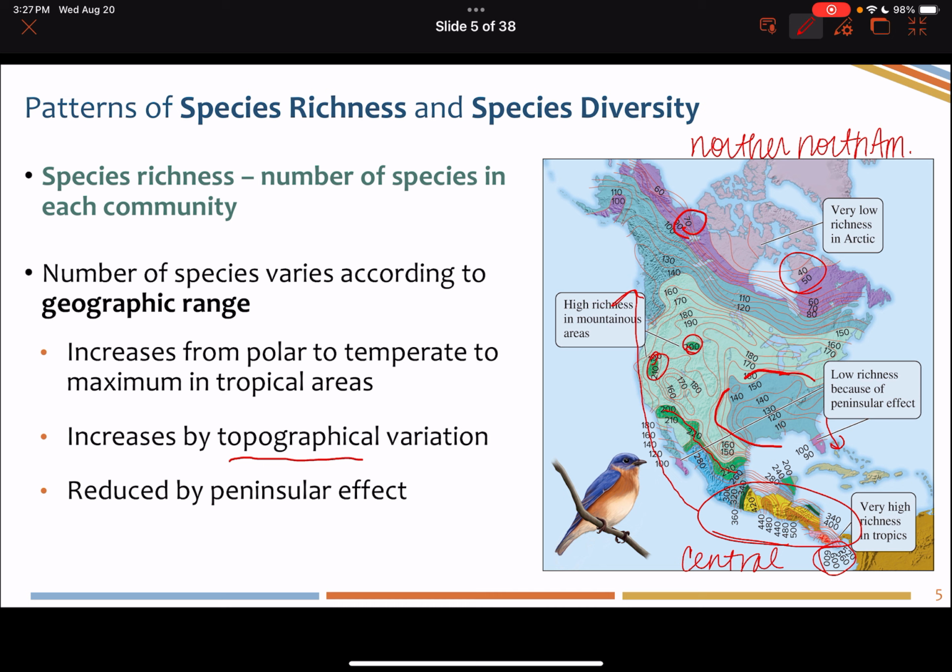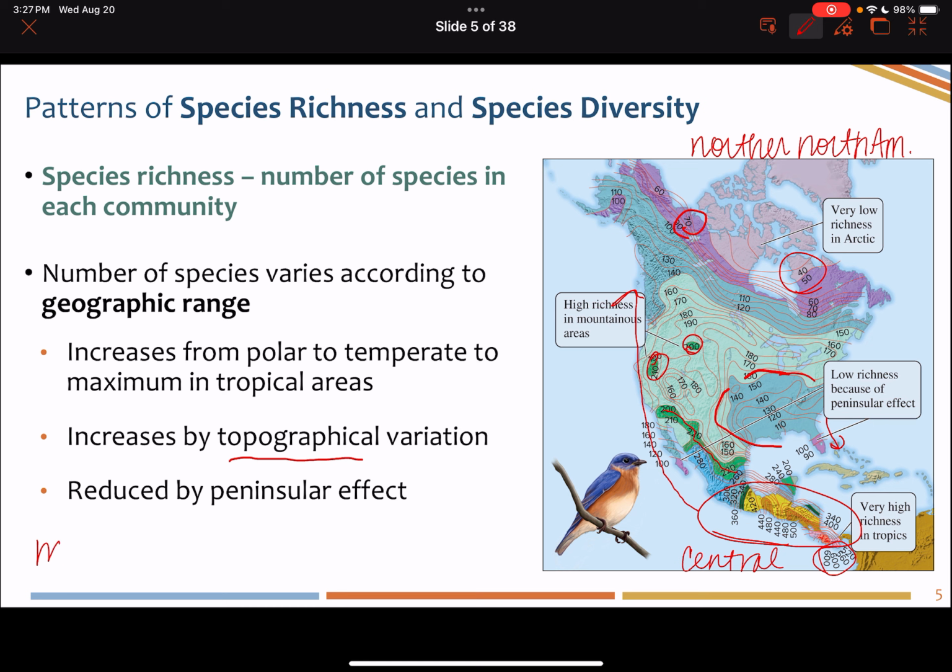So if you think about pretty much all of Florida, it's pretty hot, pretty rainy all year. There's not a lot of diversity in temperature. But as you move farther away from Florida, you increase in both climate diversity and topographical or landscape diversity. And those are also going to contribute to the different types of organisms that can survive in those areas.